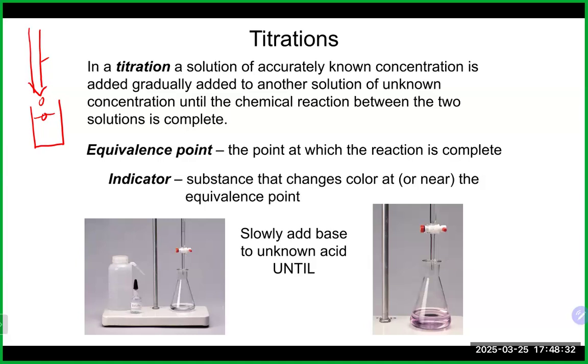And the equivalence point in an acid-base titration is the point where the moles of the acid will equal the moles of the base. That is the point where you have exactly equal amounts of acid and base moles in that solution. And that's ideally where you want to stop.